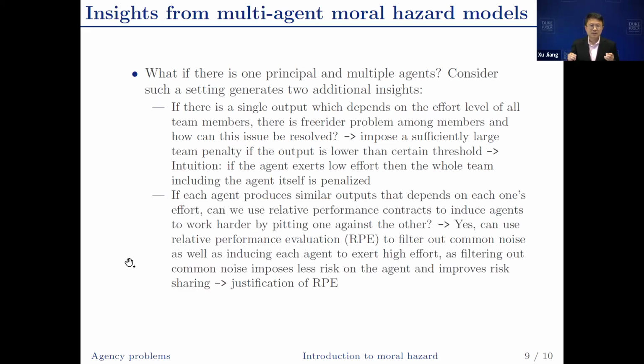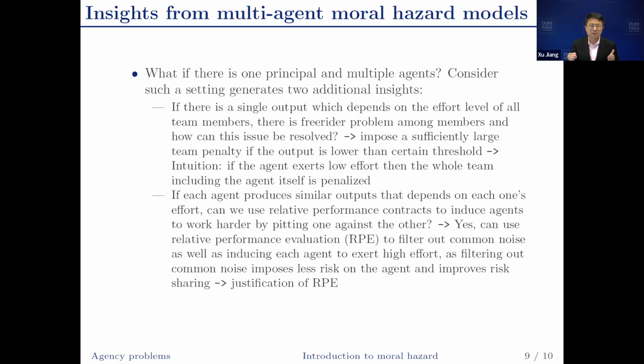The second insight is that if each agent produces some output that depends on each one's effort, then we can use relative performance contracts, inducing the agents to work harder by pitting one against the other. So that justifies the use of relative performance evaluation, RPE, to filter out some common noise and induce each agent to exert high effort.